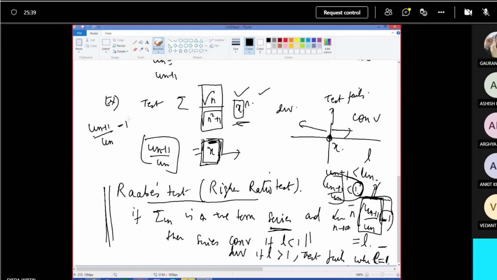When do we have to use Raabe's test and when do you have to use the ratio test? I have just explained at the beginning. Note this part: when the test fails.